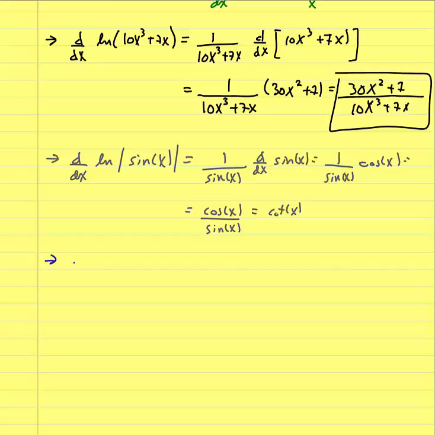We can also get into product, quotient, chain rules with derivatives. So let's look at the derivative of the natural log, and my argument here will be a quotient. So 2x plus 1 over 2x minus 1. Now I have two options here. Option 1, use the quotient rule.